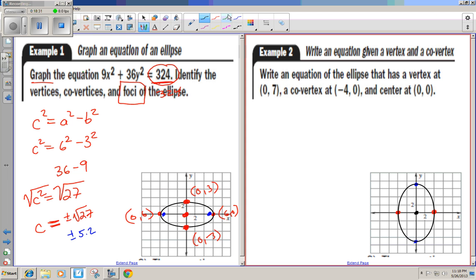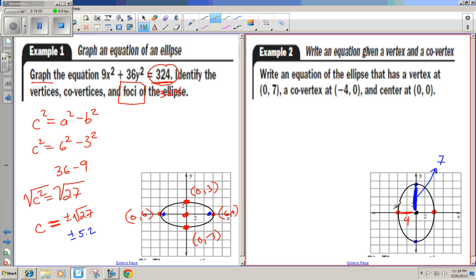So start by saying, what is this distance from the center? Well, 1, 2, 3, 4, 5, 6, that's 7. What is the distance from here to here? Well, that's 4. So what you have to look at now is the fact that this is a vertical ellipse.